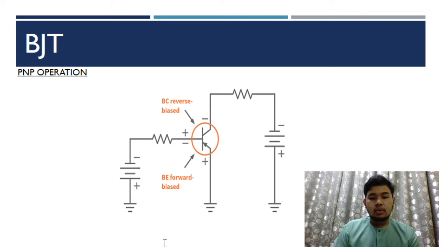The base current produced in a PNP transistor is due to the movement of electrons from the external bias voltage into the base region. Since the base region is only slightly doped, only a small number of electrons in the base region recombine with the holes from the emitter region, and the rest of the holes move into the collector region.